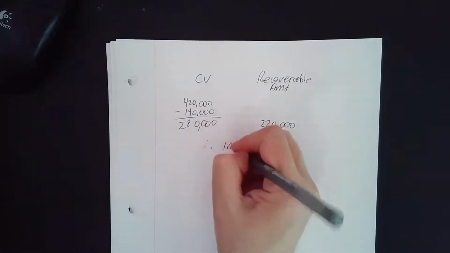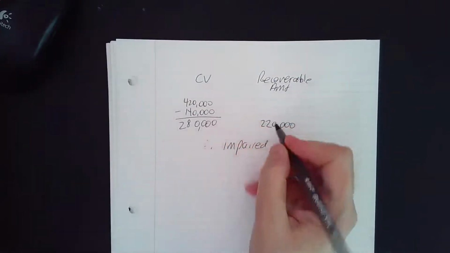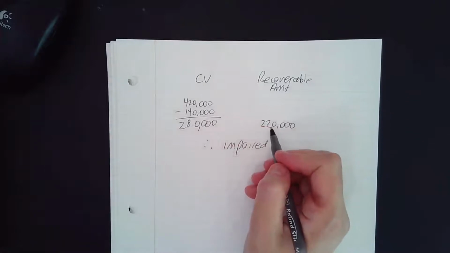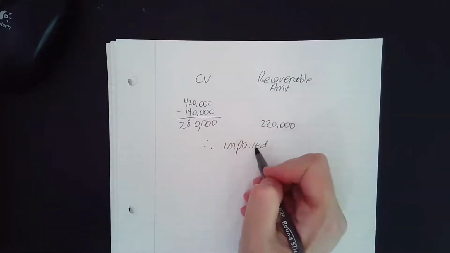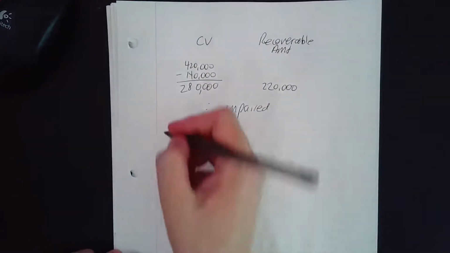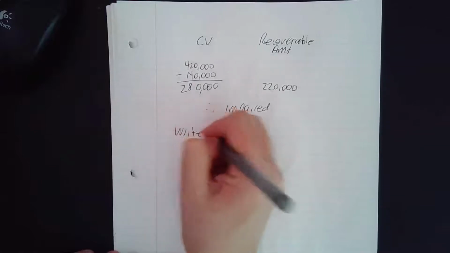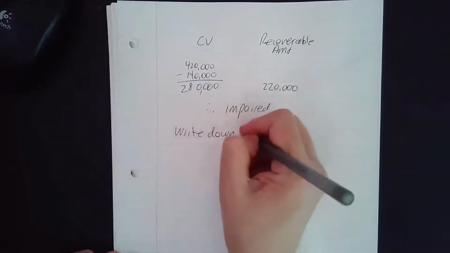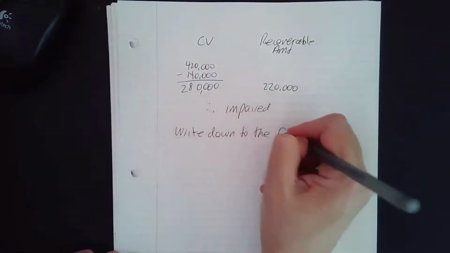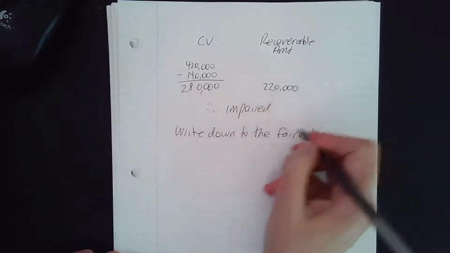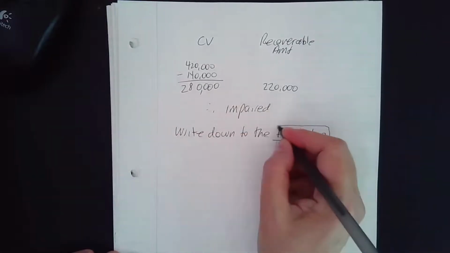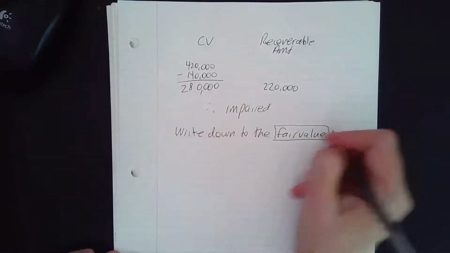Therefore, it's impaired. If the recoverable amount was $290,000, we would do nothing. But in this case, it's impaired. So we have to write down to the fair value. So notice we don't write down to the undiscounted amount. We write down to the fair value.